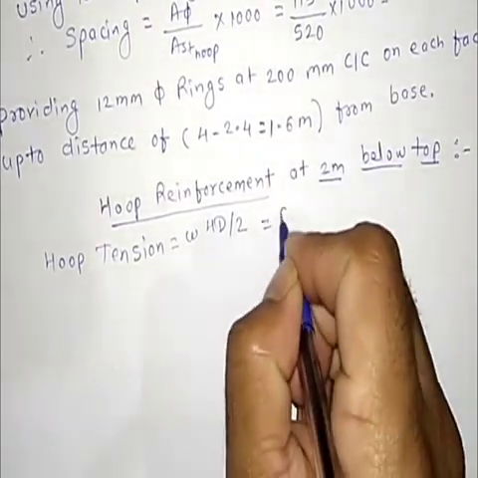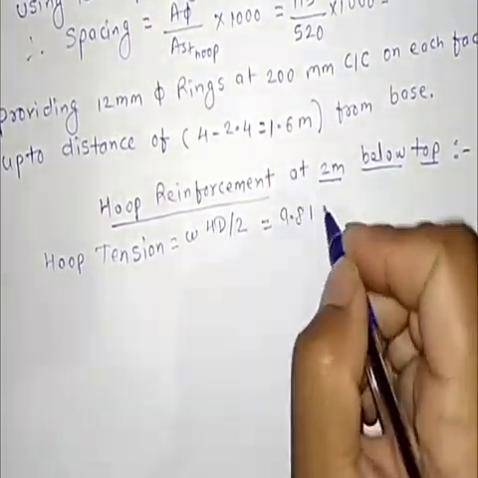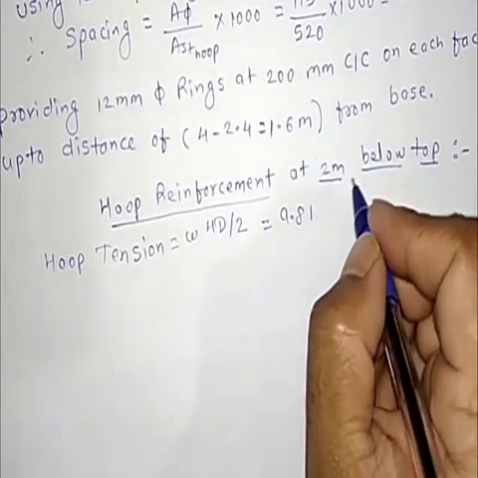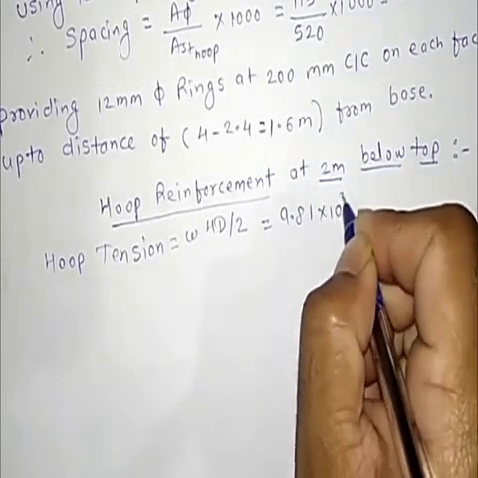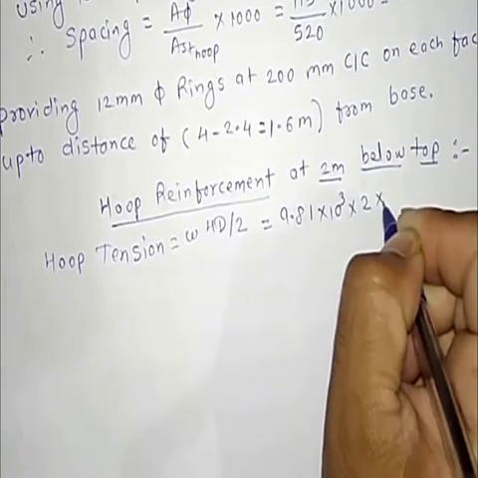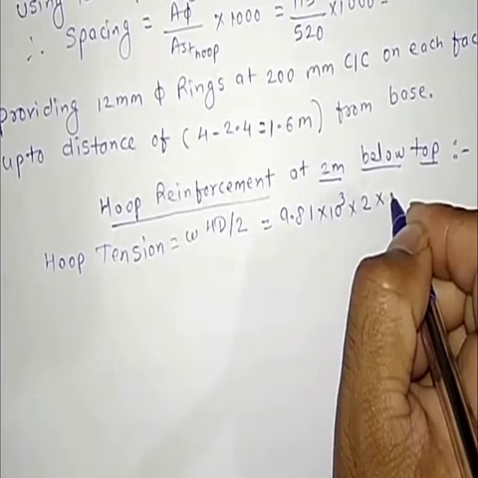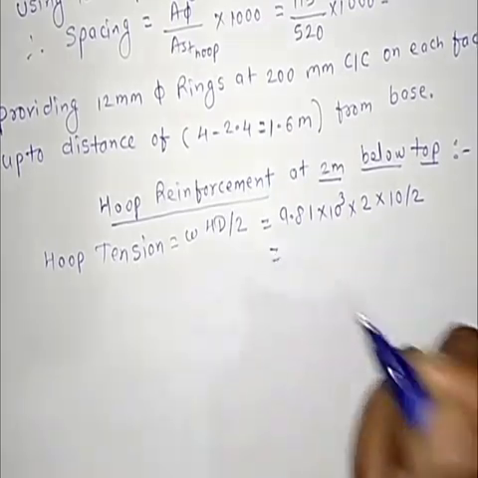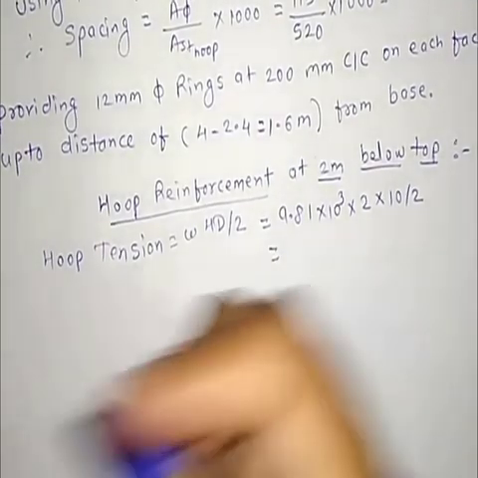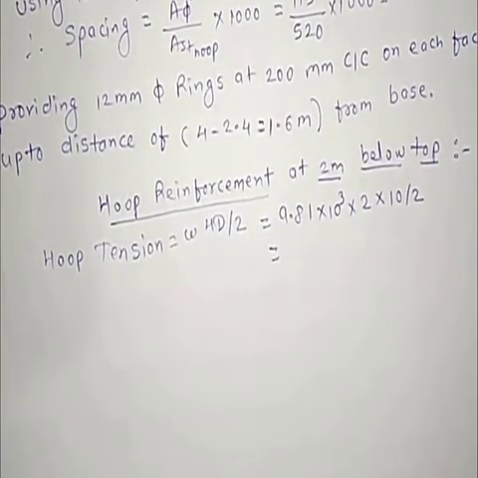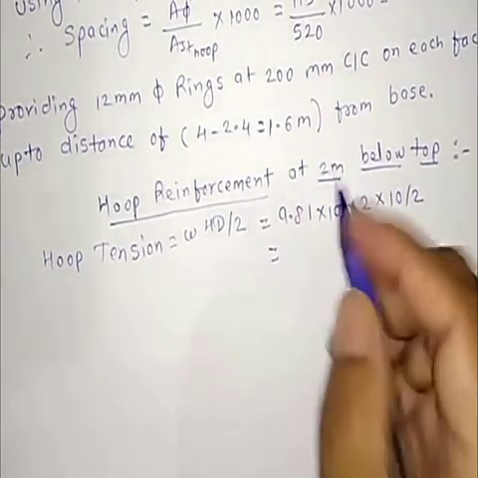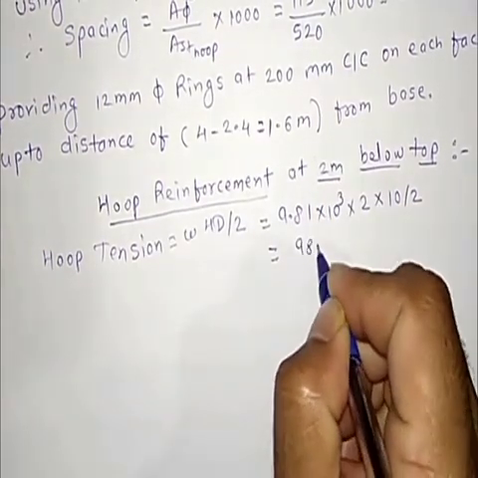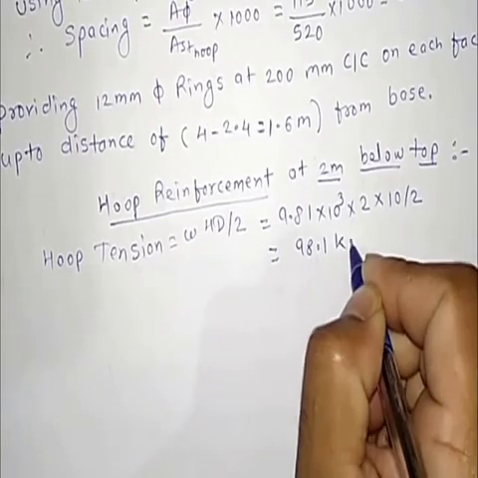So W is 9.81 into 10 raised to the power 3, H is 2 meter, and D is 10 divided by 2. If you just calculate this value, you will get around 98.1 kilonewton.